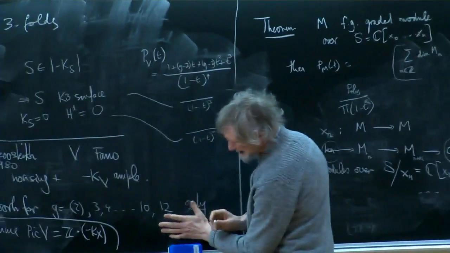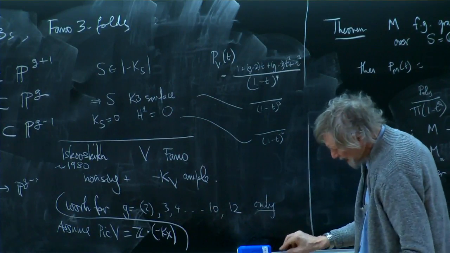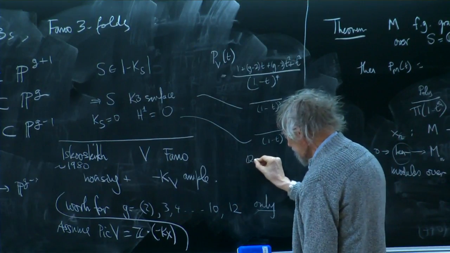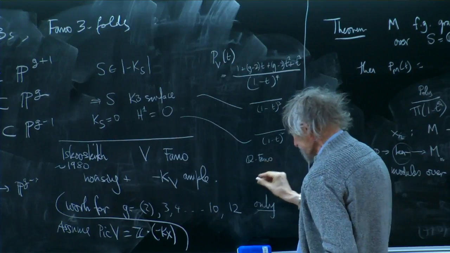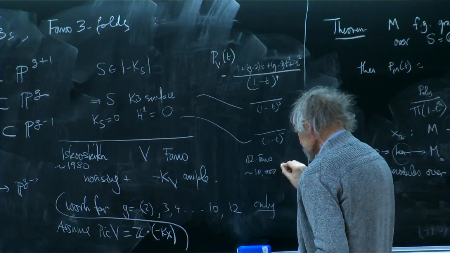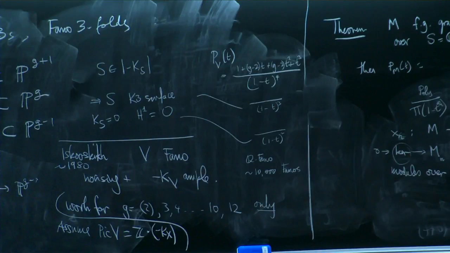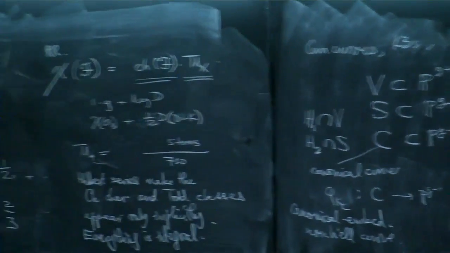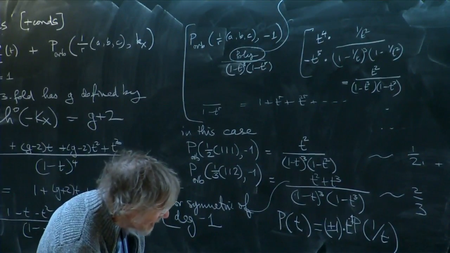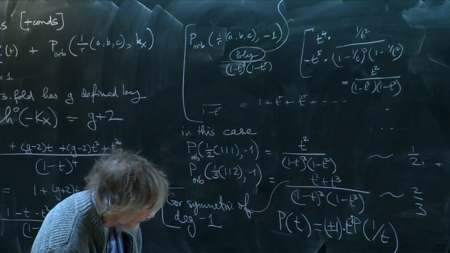So the point is that this is a very limited game. You just get a small number of problems here. Whereas when I do Q-Fanos, we expect to get tens of thousands of Fanos. And if you do Calabi-Yau manifolds, then as you probably know, there is an existing population of about 500 million known examples of Calabi-Yau threefolds.